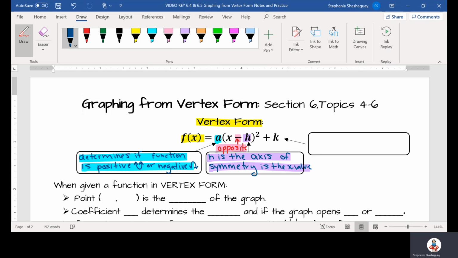K. So K, when we're in vertex form, is the y value of the vertex.